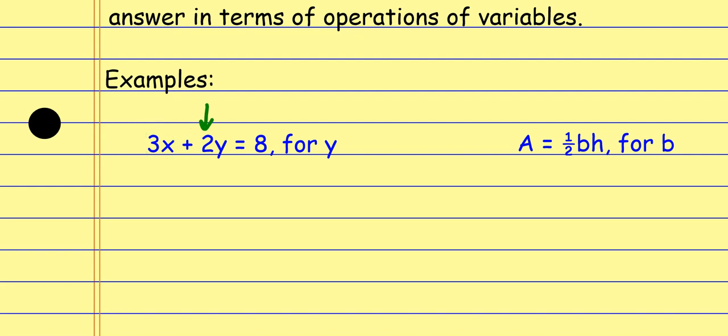So to undo all of that, I say, okay, we undo the addition first by subtracting. And the thing we're adding is the entire 3x, so I subtract the entire 3x. So now here that gives me a 2y equals, I can't do 8 minus 3x because they're not like terms, so I have to leave it literally as 8 minus 3x.